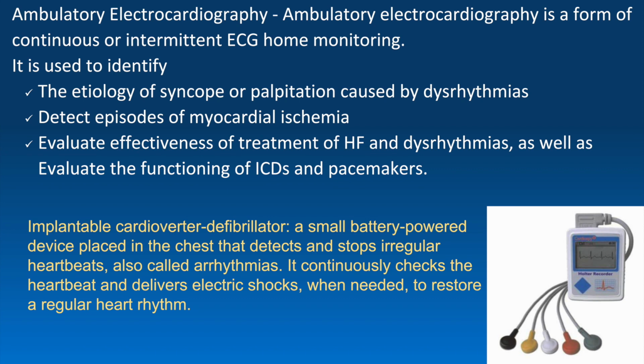It is used to identify the etiology of syncope or palpitation caused by dysrhythmias, detect episodes of myocardial ischemia, evaluate effectiveness of treatment of heart failure and dysrhythmias, as well as evaluate the functioning of ICDs and pacemakers.